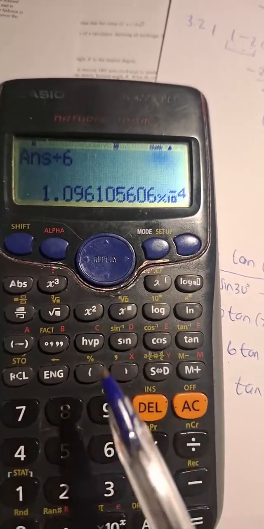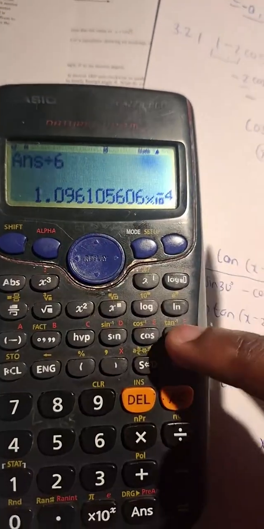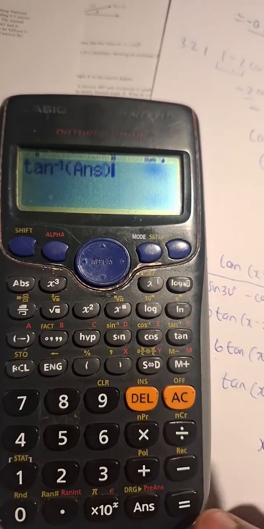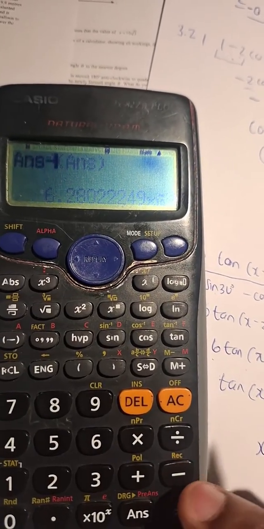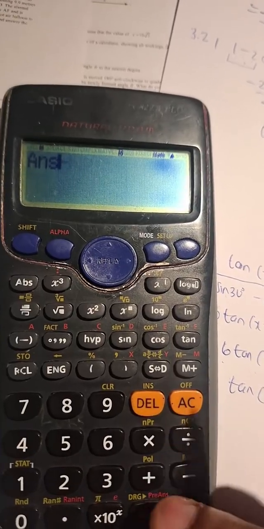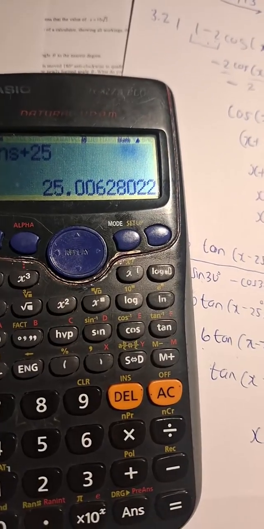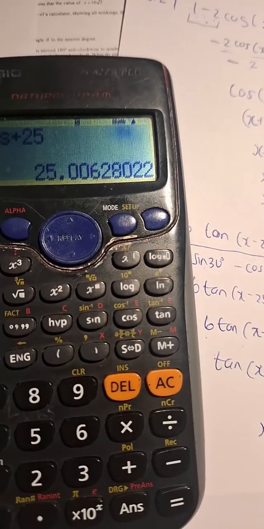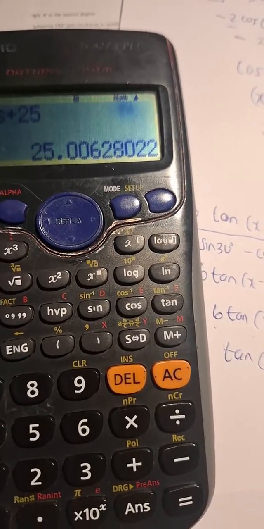Then what do we do? We take tan inverse of this. So shift, tan, the answer. We get that. Then we add 25 when we transpose it. Oh, there we have it. Okay, I think what scared me was the values that I got. If I round off to 2 decimal places, it's going to be 25,01.